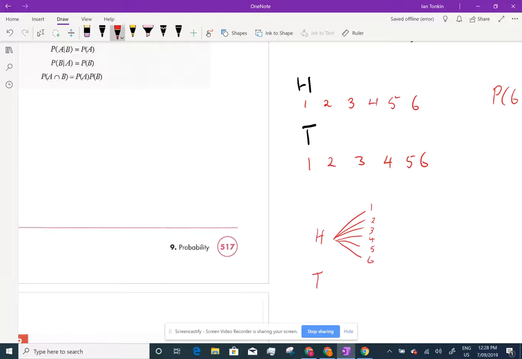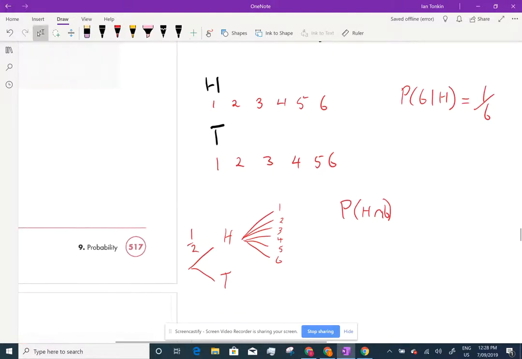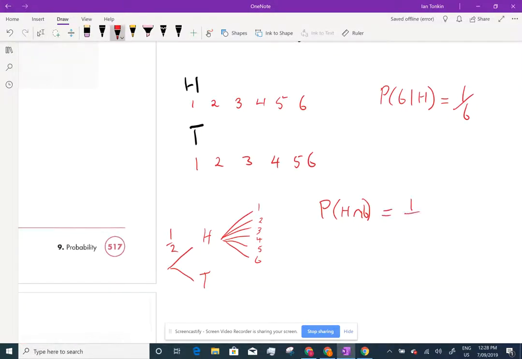And we just multiply the probabilities. And of course, there's a half there. So the probability of a head and a 6 is 1 on 2 times 1 on 6, 1 on 12. All right.